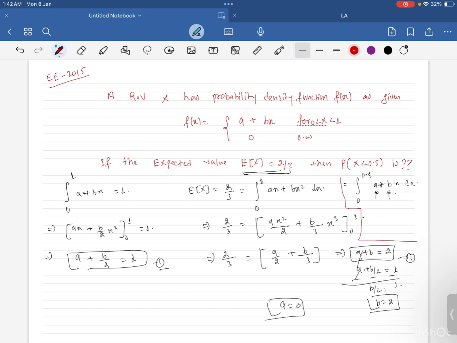So here we can put from 0 to 0.5, a is 0, so b is 2x, so that is going to be x square. So the integration will be x square from 0 to 0.5, so that will be 0.25. So the answer for this is 0.25.